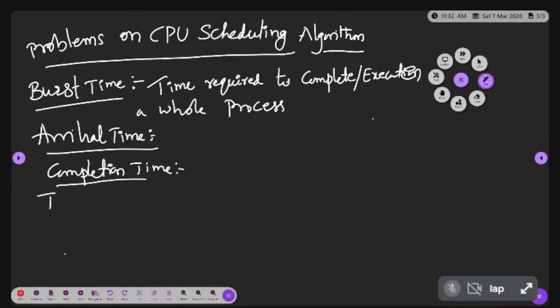Next, turnaround time. Note down this turnaround time.